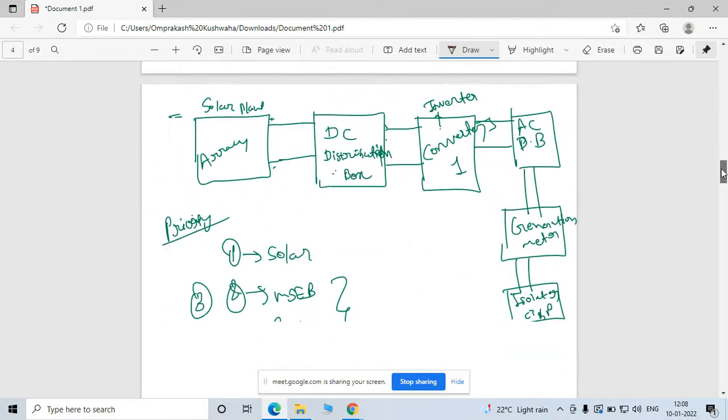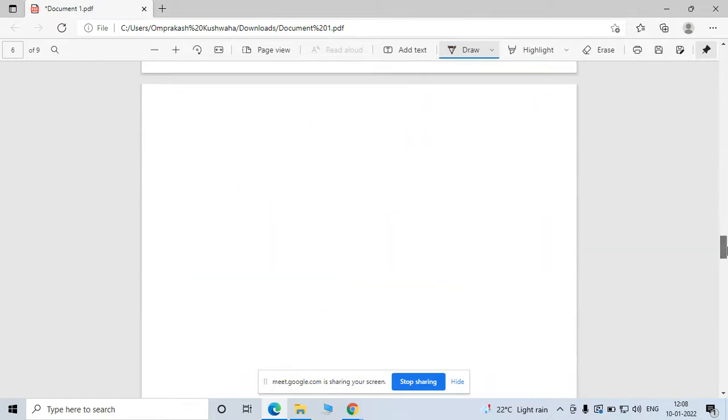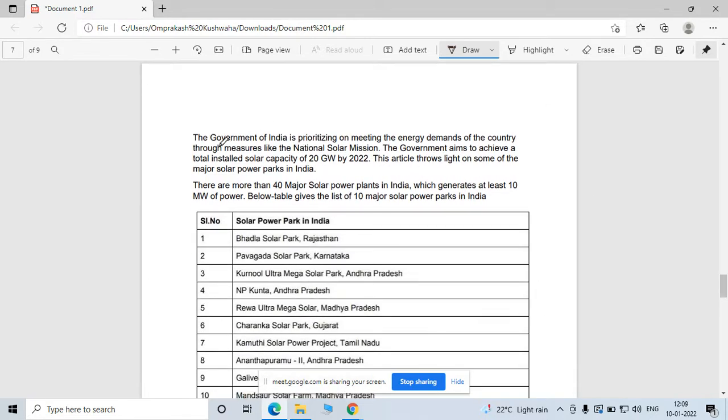Now there are different types of plants already installed in India. There is some data which I collected. India has a vision to install a solar capacity of 20 gigawatt by the year 2022.